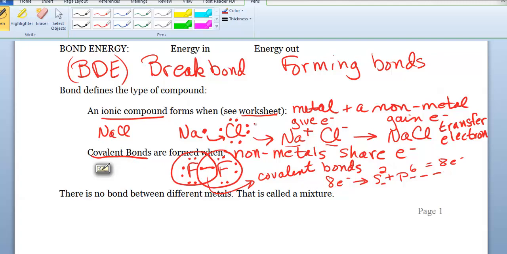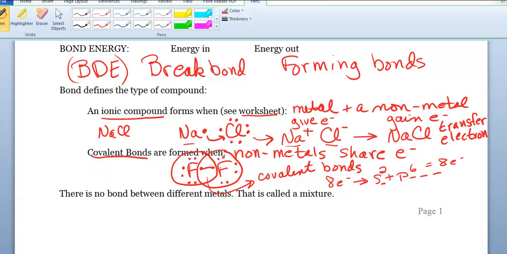Notice up here for the sodium chloride, when sodium transferred an electron to chlorine, the outermost shell of chlorine now has 8 electrons. Sodium actually went backwards, losing 1 electron to go back to a noble gas configuration, 8 electrons, very similar to what neon has in terms of electron configuration.